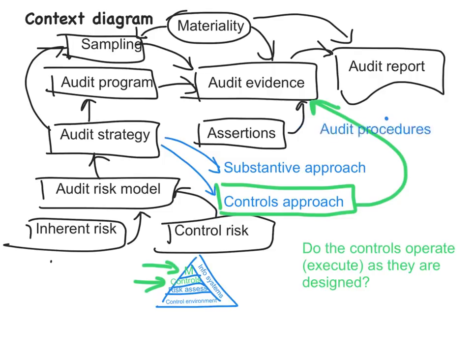I've got my procedures of vouching, tracing, inspecting, doing recalculations, talking to people. I need to use those same procedures to collect my evidence as well. Does that sound okay? Are you surprised that we've made it this far? And this is everything that you know, and there's still more to go. All right, I'll do a little save here.